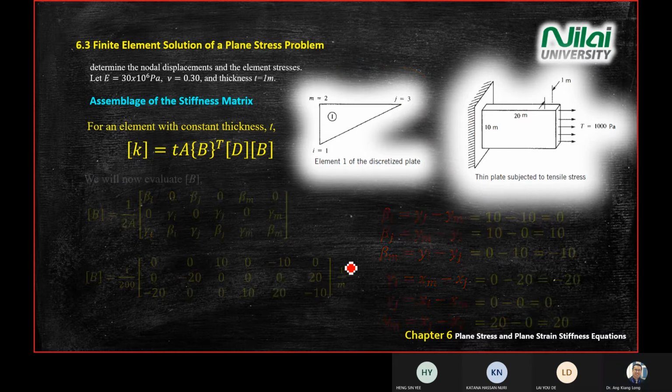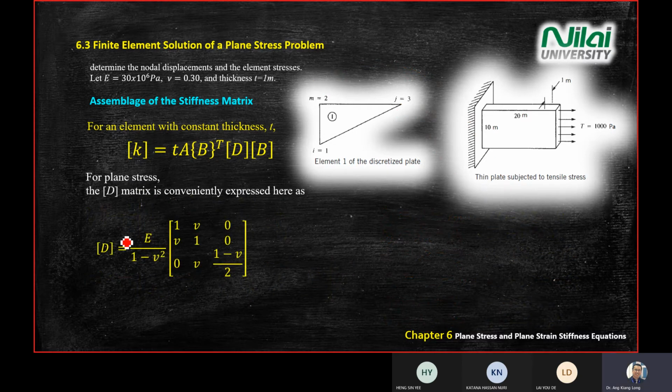After that, you calculate the D matrix, the standard equation. The modulus of Young is given, the Poisson ratio is given. Substitute all the values. In the exam, this equation should be a free mark for you. You should not make any mistakes.